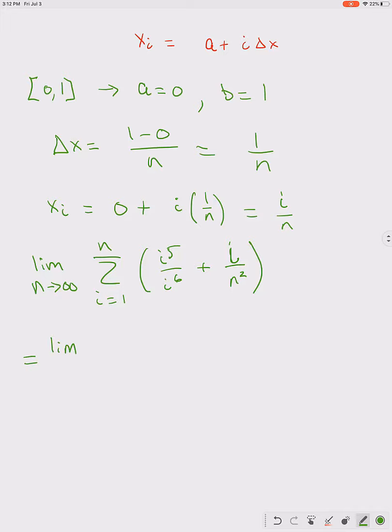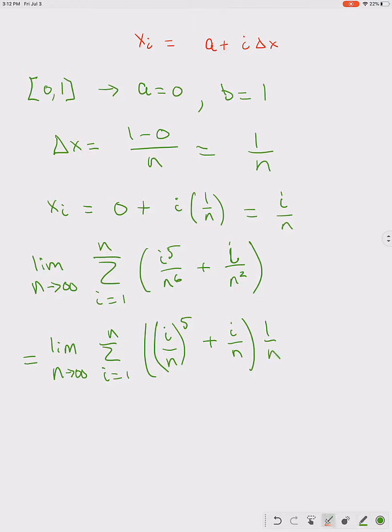So this is equal to the limit as n approaches infinity of the summation i equals 1 to n of, and I'm going to factor out a 1 over n out of each term, so I have i over n to the fifth plus i over n, multiplied by 1 over n.